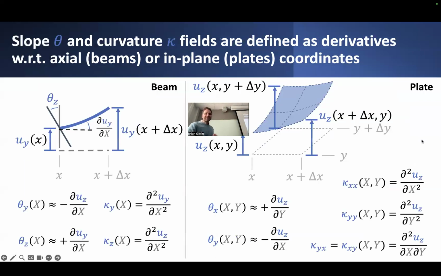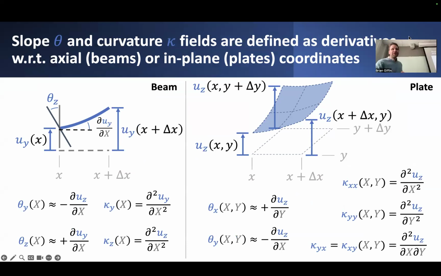And really the nice thing that we can interpret from all of this is the following. Consider some small segment of a beam. We'll just consider this small section that might be rotating a little bit. Maybe it also develops a little bit of curvature.